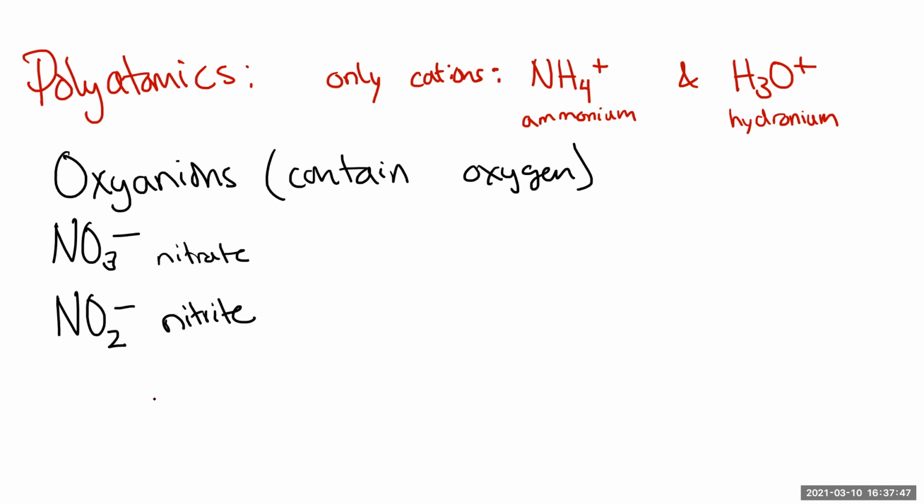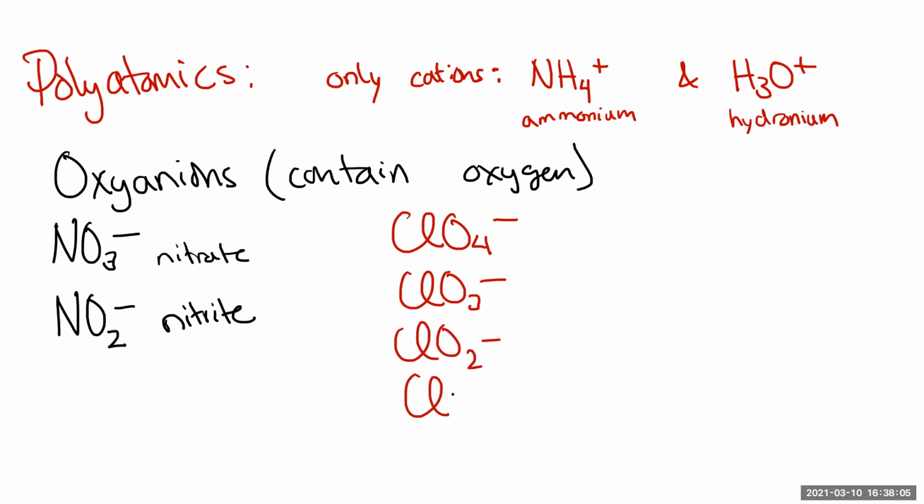Beyond that, the other ones that we've got are the ones that are made of halogens. These are a little more complicated. ClO4 minus, ClO3 minus, ClO2 minus, and ClO minus.